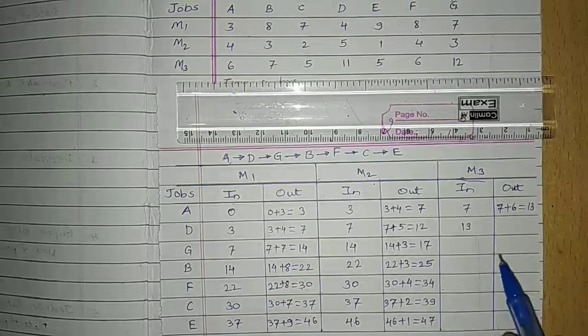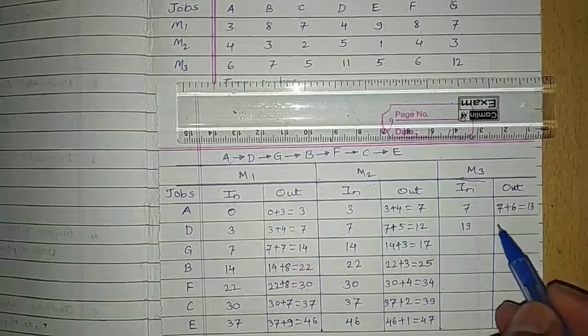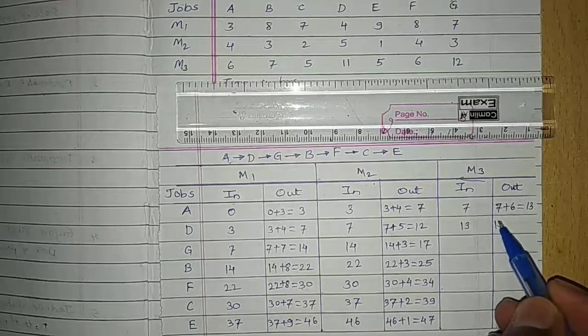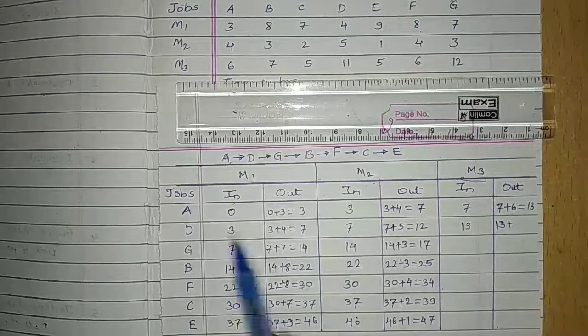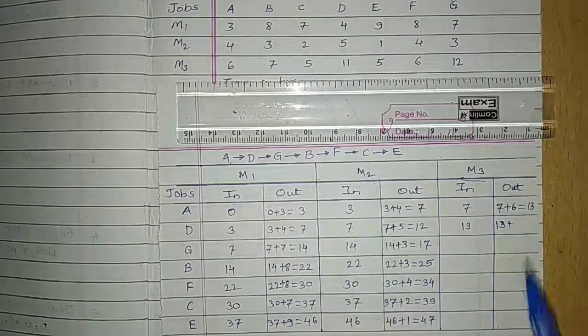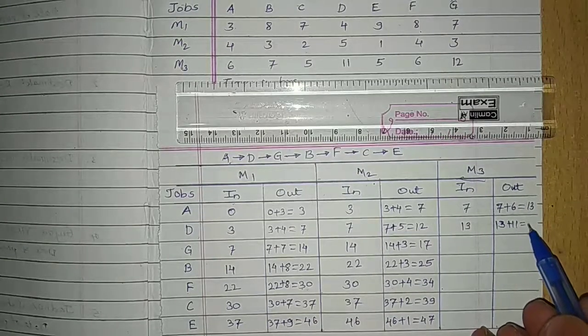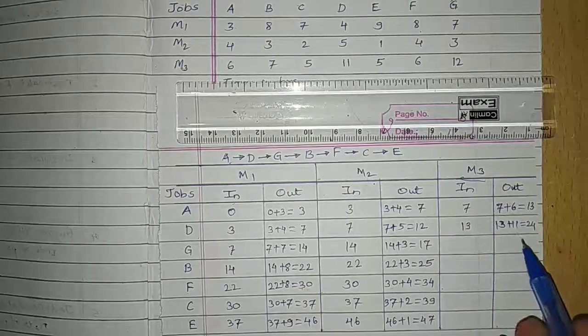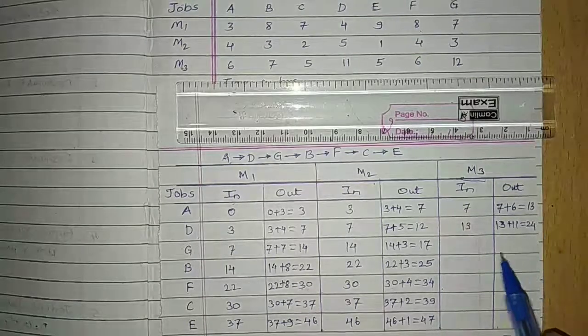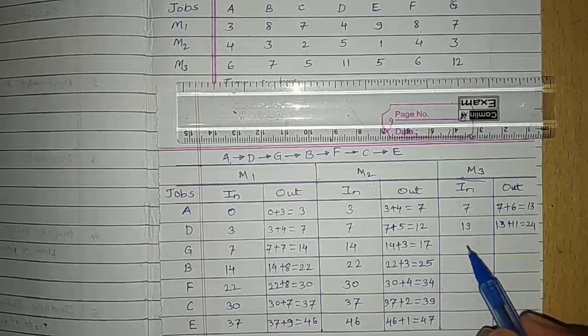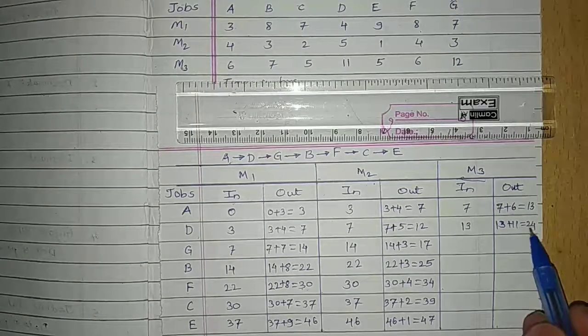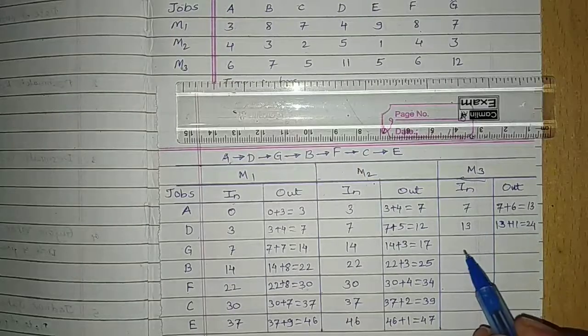Okay. Now let us find out out time. Out time will be 13 hours plus for job D processing time is 11 on machine M3. So 13 plus 11, 24. Okay. Now for job G, in time on M3 will be 24 hours.